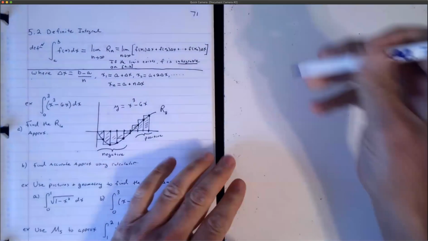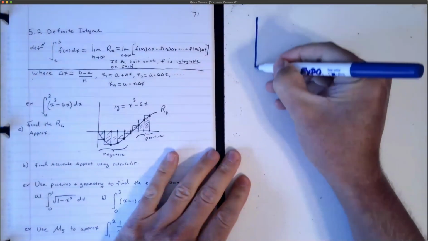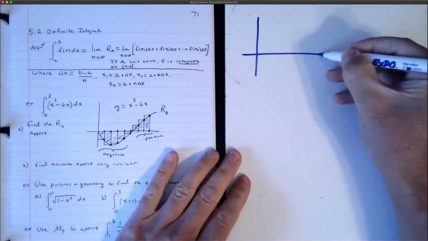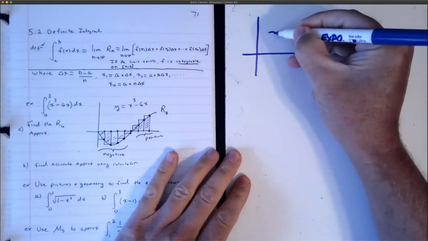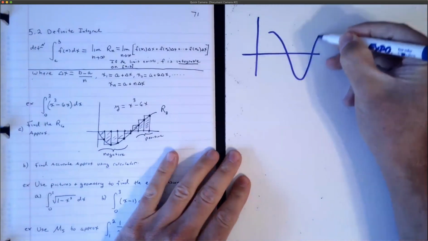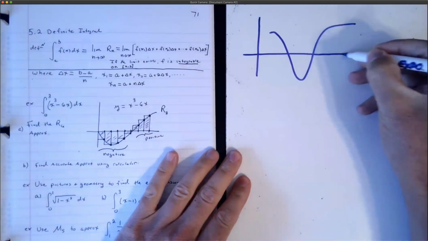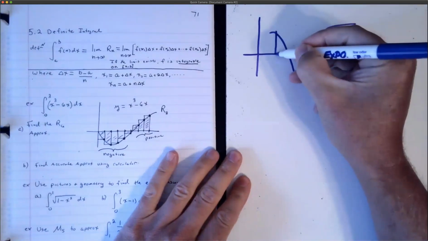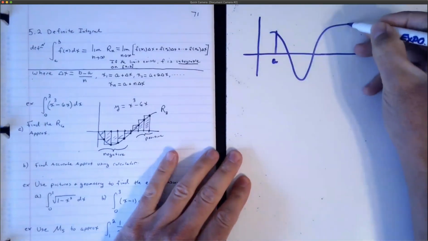So suppose we start with a continuous function, and we go from A to B on the x-axis.